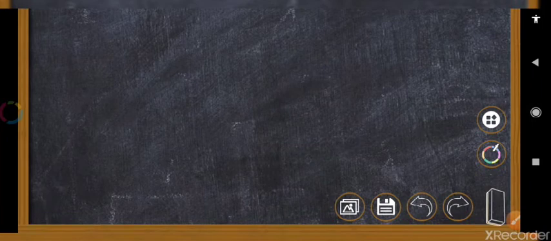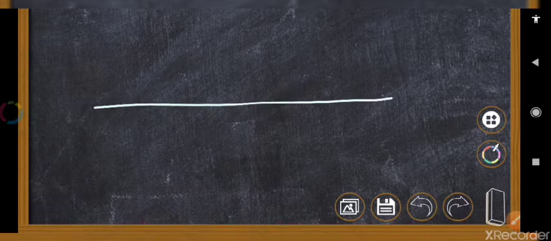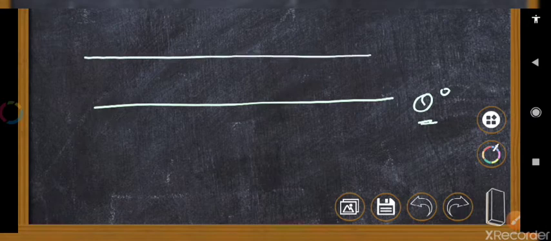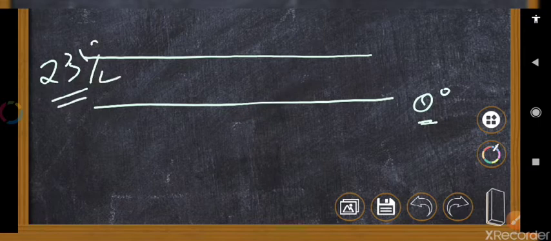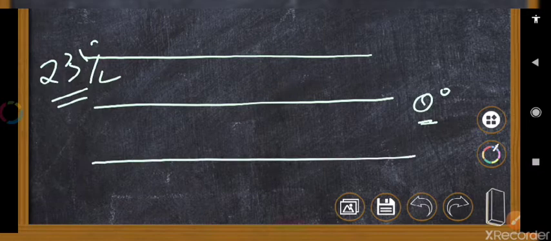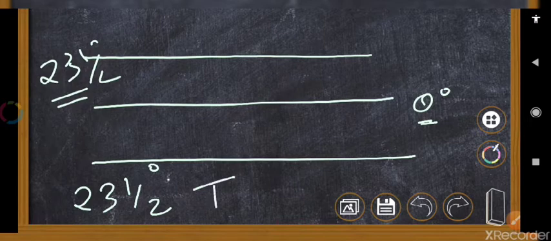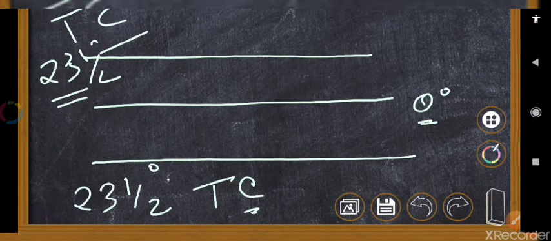Let's understand this concept with the diagram. If we draw a line, this is 0 degree, our equator. This is 23 and a half degree, the Tropic of Cancer, and the other line at 23 and a half degree is the Tropic of Capricorn. We also draw one line, the 0 degree meridian.